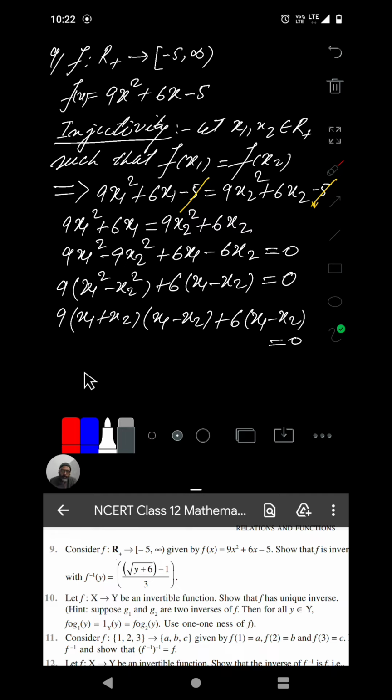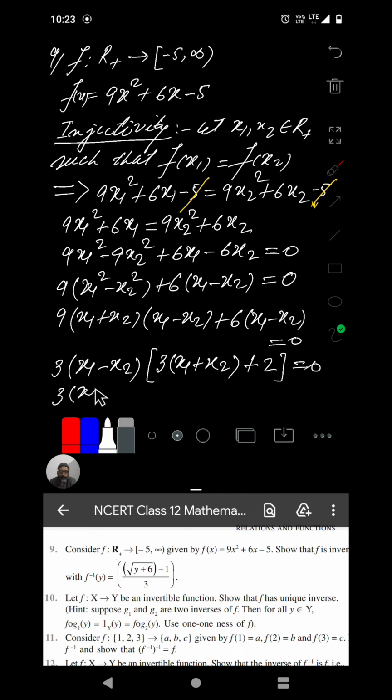Taking 3(x1 minus x2) common out of these two terms, inside the bracket we have 3(x1 plus x2) plus 2 is equal to 0, or 3(x1 minus x2)(3x1 plus 3x2 plus 2) is equal to 0.